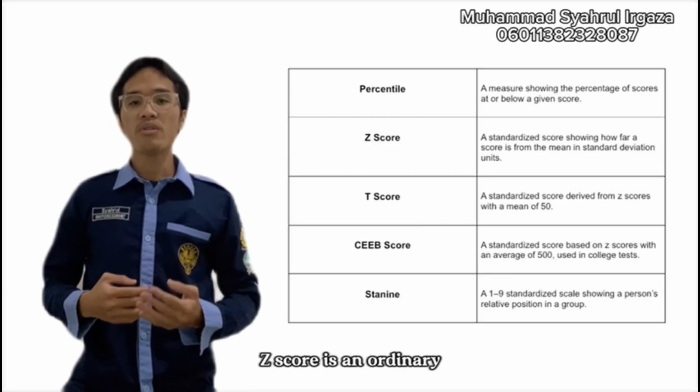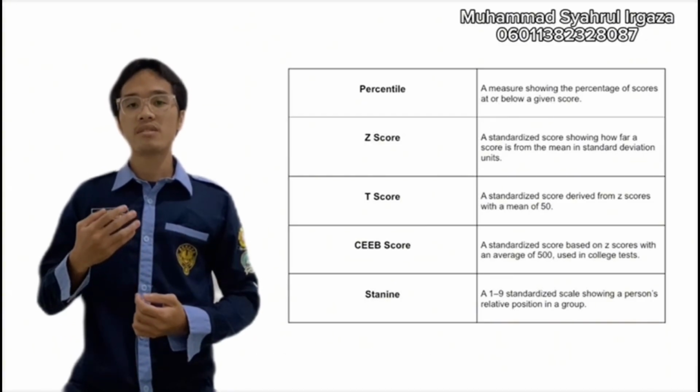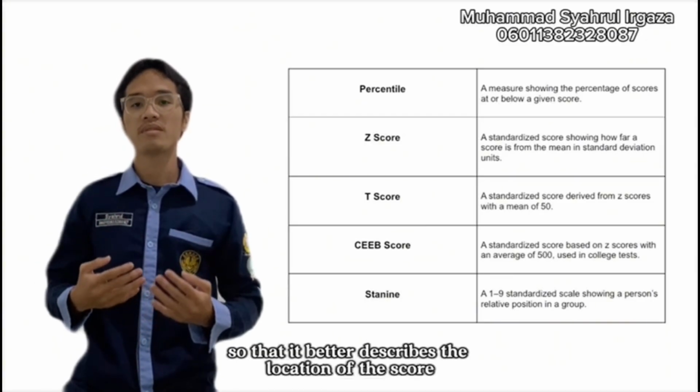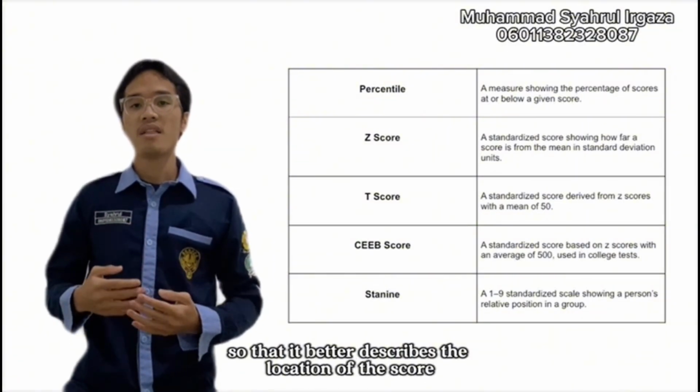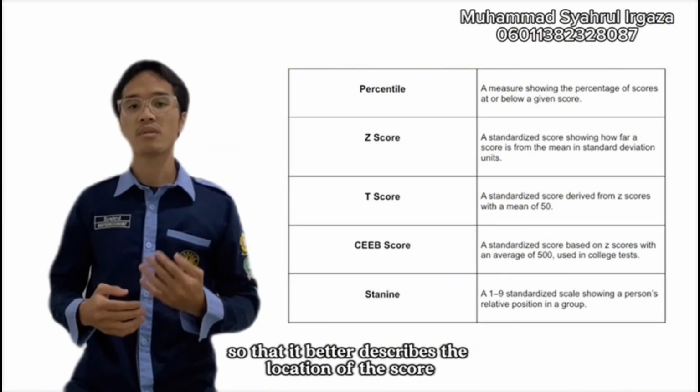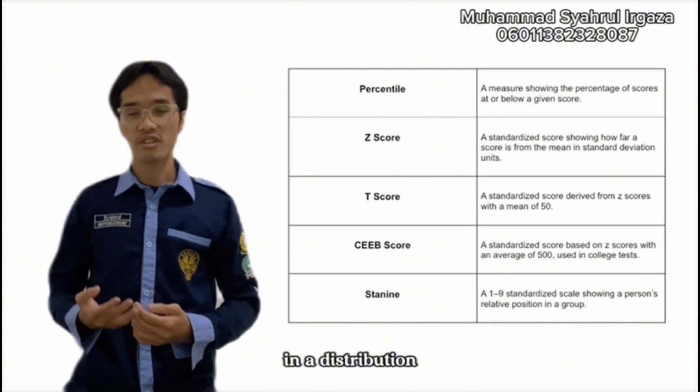A Z-score is an ordinary score transformed so that it better describes the location of the score in a distribution.